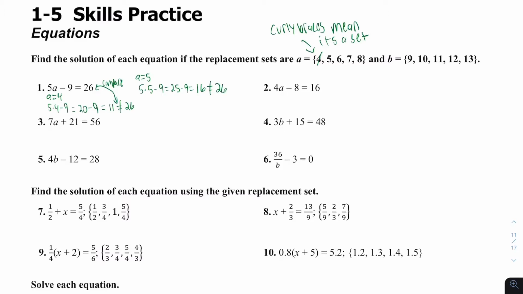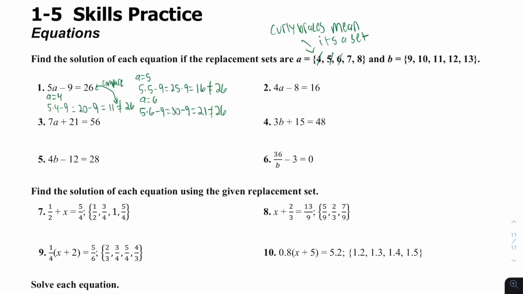So we're going to go to the next one. A equals 6. 5 times 6 minus 9 equals 30, minus 9 equals 21. We're just simplifying. We're plugging in numbers one at a time, and then we're checking to see if the answer we get is 26. This one is not 26. We'll go to the next one. It's not 5, it's not 6.